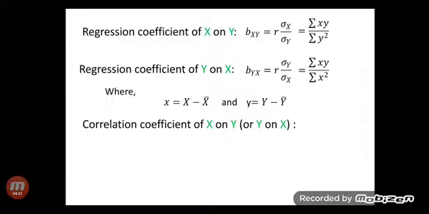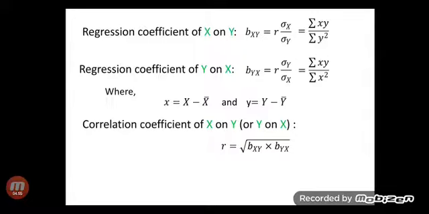The correlation coefficient between x and y, r, is equal to the square root of the product of the regression coefficients.